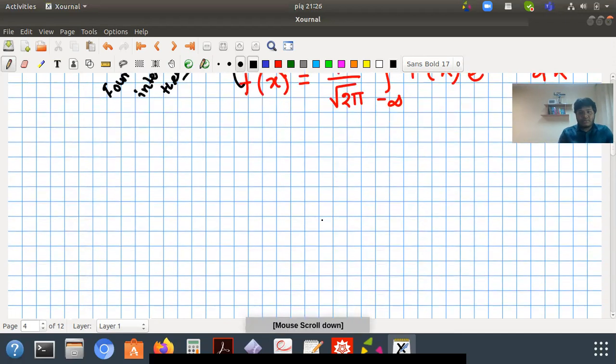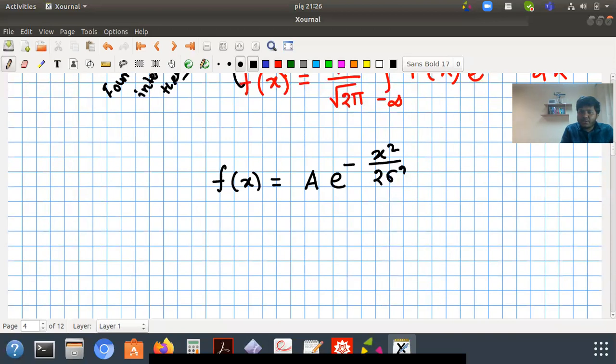Great. Now let's take one example. It's clear till now, right? Great. So let's take one function, f of x equals a e to the power minus x square over 2 sigma square. Okay, so this is a function of x. Now if someone wants to draw this function, how will it look? We know this is a Gaussian function with mean at x equals 0.